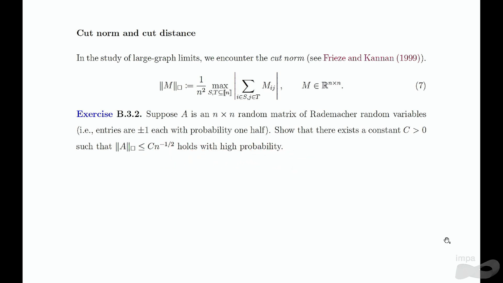The way to think about this is that the matrix A, if it's Rademacher, has some symmetry. It has expectation 0, so maybe there's reason to believe this norm should be small, because there's not necessarily any structure that you're trying to find. That's a very loose, coarse idea, but that's the way to think about showing this matrix is small.